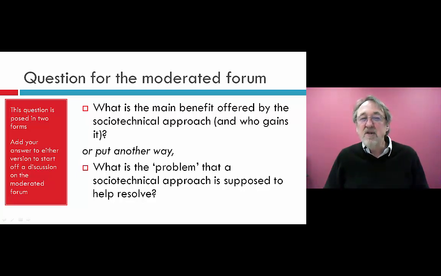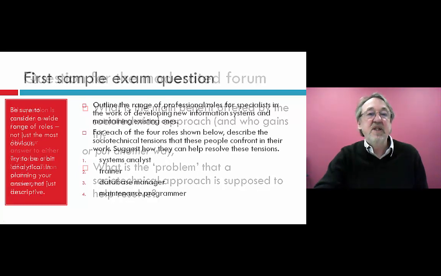Presumably if we apply socio-technical ideas, we get some benefits versus, let's say, a purely technical view. But who gets the benefit? That's probably not one person, but multiple people. The second way of putting our question is, what is the problem that a socio-technical approach is supposed to help resolve? Why do we need it, as well as the benefits? In a sense, they're two versions of the same thing, and hopefully we can have a good discussion on the forum around these two questions.